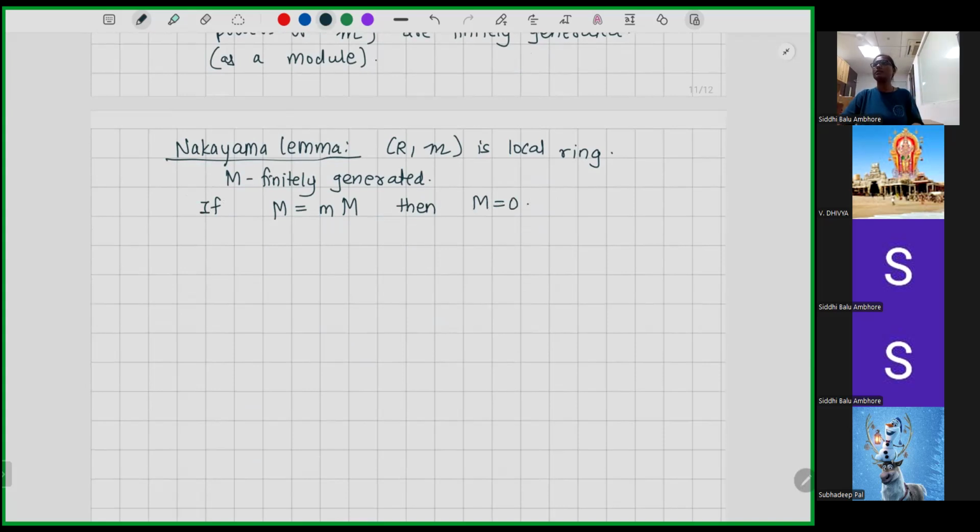This is the statement of Nakayama Lemma.